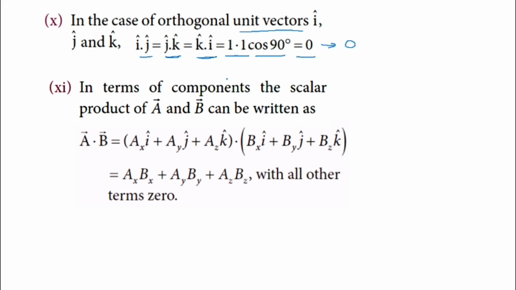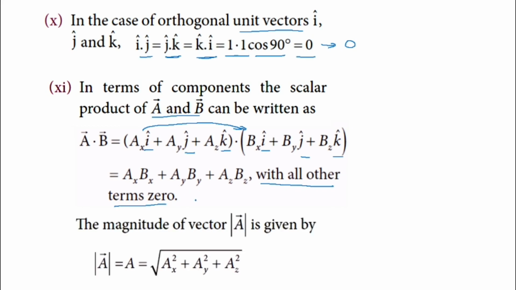In terms of components of the scalar product, A x i multiplied with the component of B, B x i, that is i multiplied with i, j multiplied with j and k multiplied with k. Only components of the vectors are multiplied. So i dot i gives 1, j dot j gives 1 and k dot k gives 1, with all other terms 0.